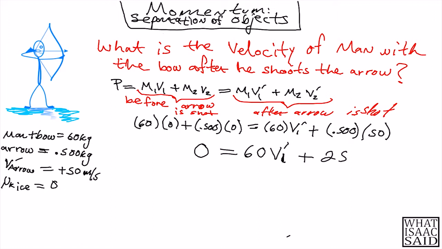So now I have to move this 25 to this side. I'm going to have minus 25 equals 60 times the velocity of the man.